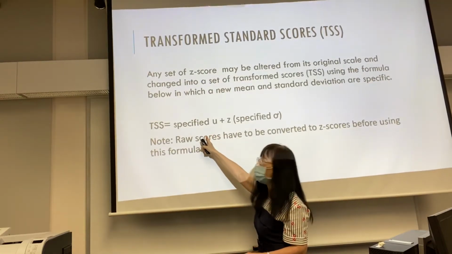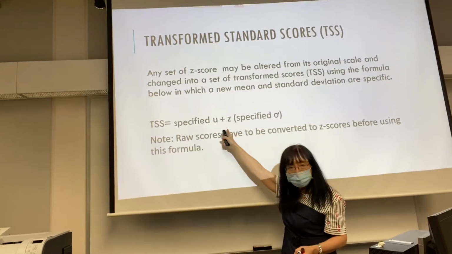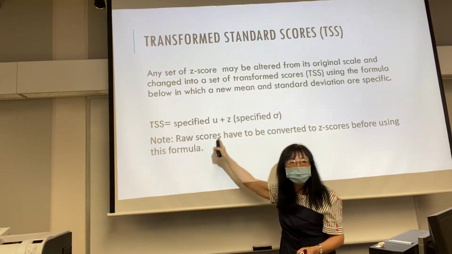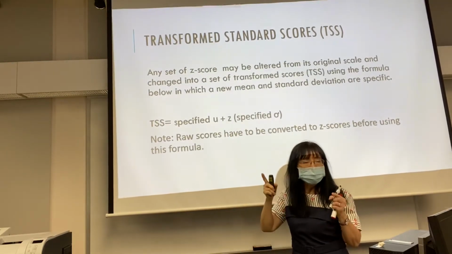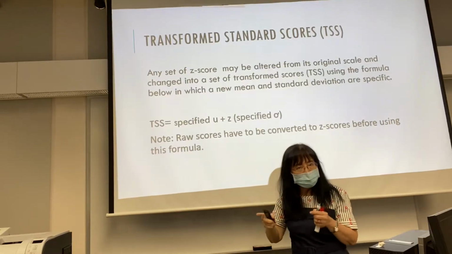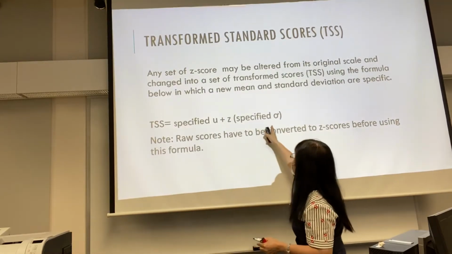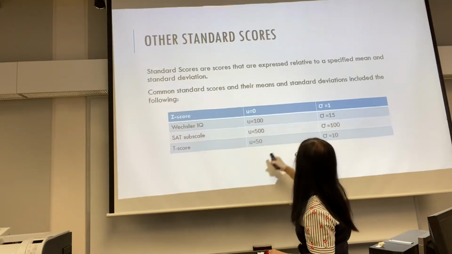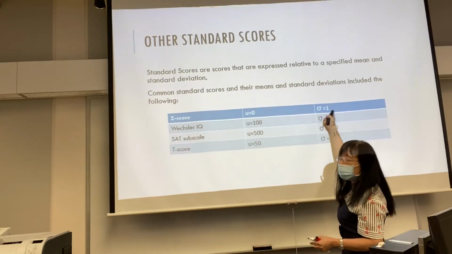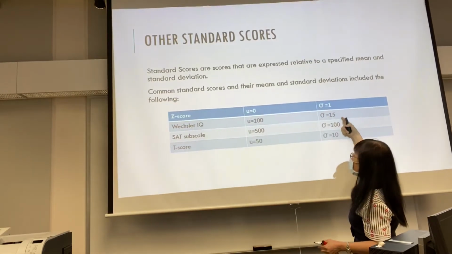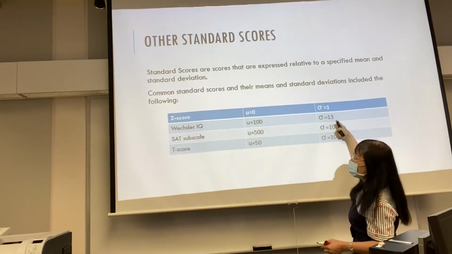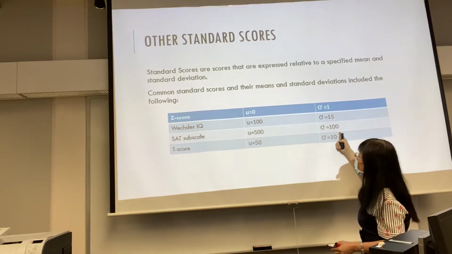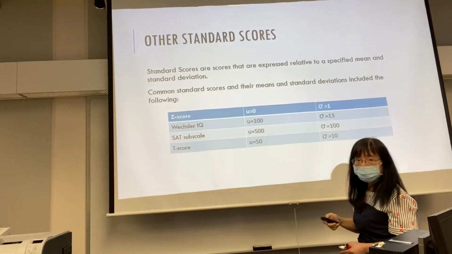Got it? Then this Z-score you have to calculate. Remember, Z equals your raw score subtract the mean score, divided by the standard deviation. Then times the standard deviation they put for you right here. If you want to do Wechsler, the standard deviation is 15, SAT is 100, and T-score is 10.